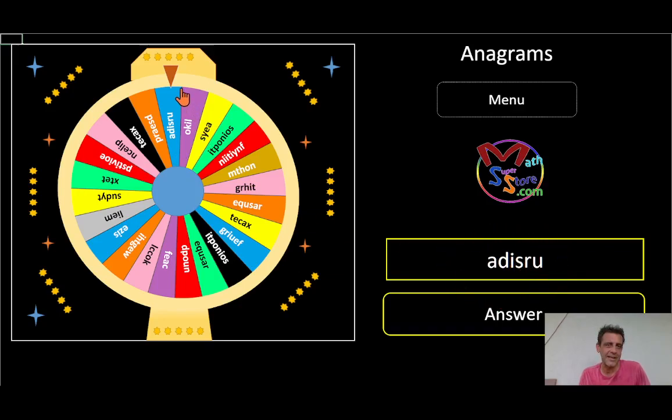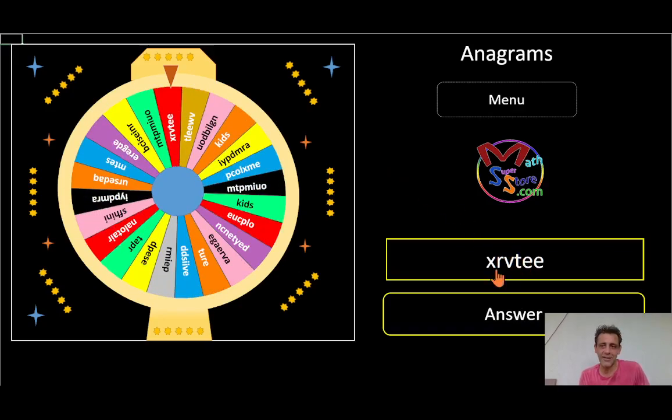If the pointer lands almost exactly on the line, there's no argument, it will be listed here. Then the teacher can click on the answer and it will show the answer as radius, and then the teacher can click anywhere on the board except the menu and the answer box, and it will spin again and choose another question. Is that vertex?